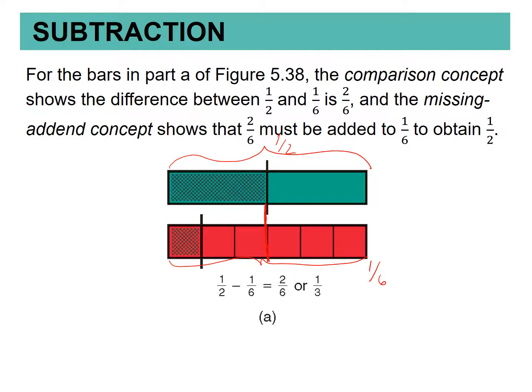Well, I can tell from here that if I were to divide these up so they both have 6 pieces, then I have the same as 3/6 shaded here minus 1/6 shaded here. So what I have to do is add 2/6, which reduces to 1/3.